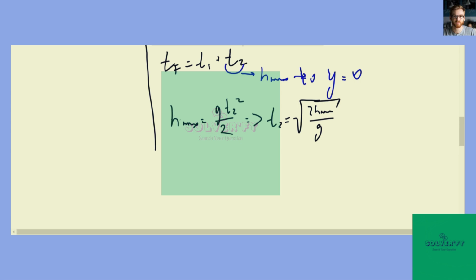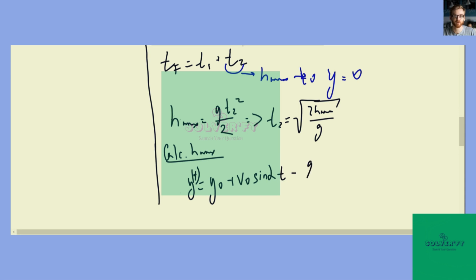Now we have to calculate h maximum. The y coordinate of the projectile equals y0 plus v0 sine alpha t minus g t squared over 2.